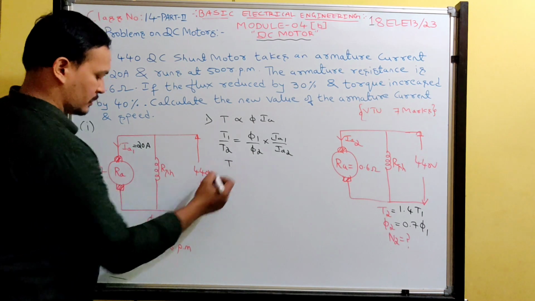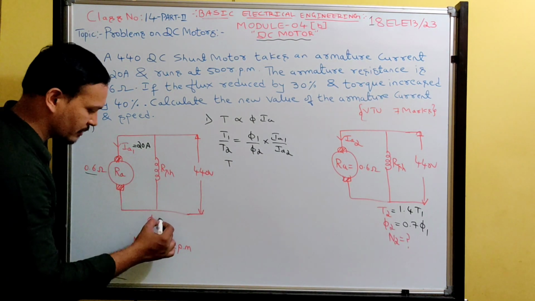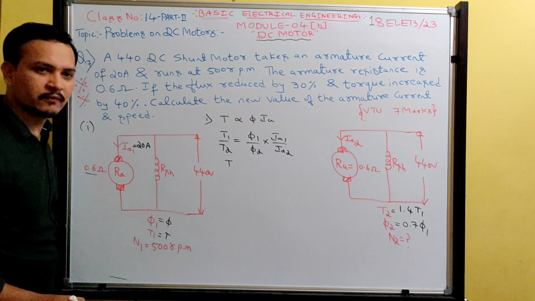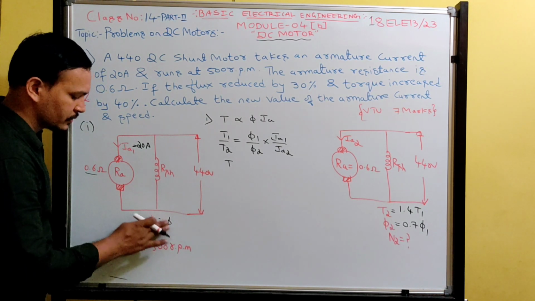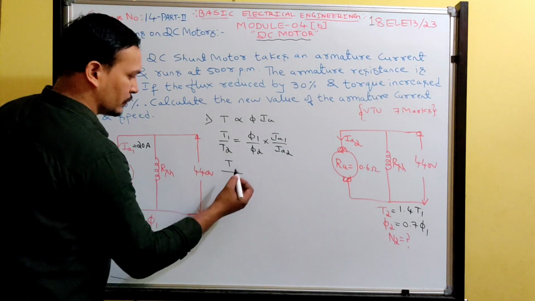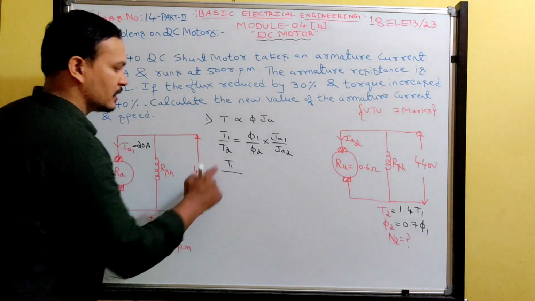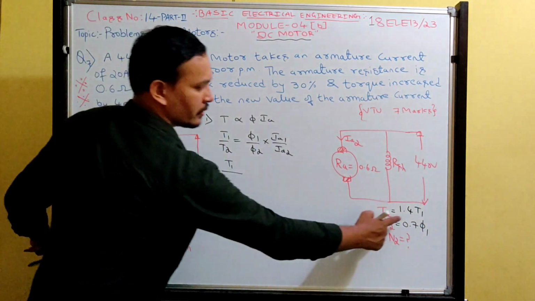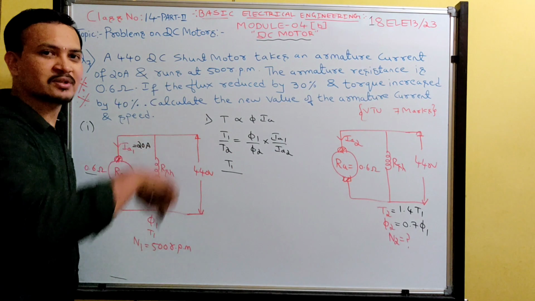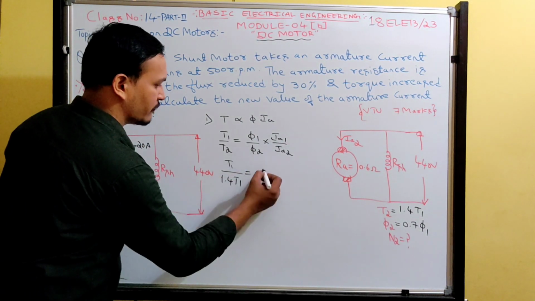T1 is having some torque, pi 1 is having some amount of flux. Let me write T1 only. And what is the new torque? New torque is 1.4 times of original torque, 1.4 times of T1.